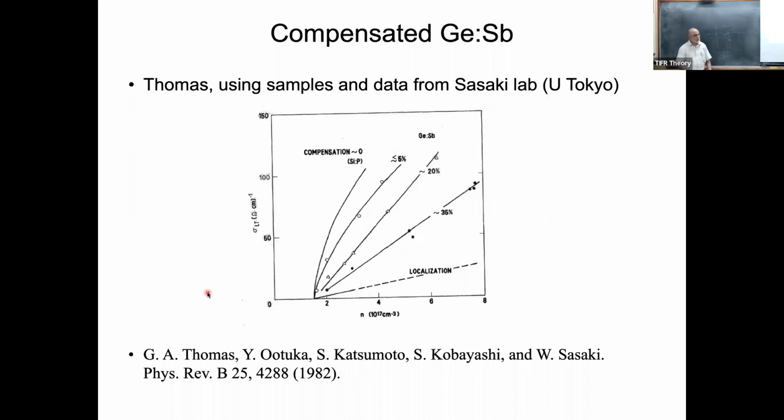Okay. So finally, to understand why there was this big difference, Gordon Thomas decided to go back to Japan, where there were lots of samples of germanium with different amounts of compensation, that means other impurities. And he tried to experimentally figure out what's going on. You know, he very wisely didn't just go by the fanciest theory that was going on. He said, let's look at the data.